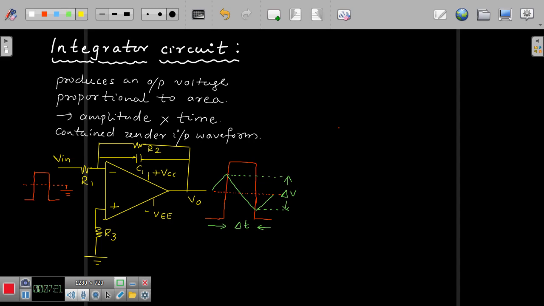This V0 is again taken with respect to ground. So this is the circuit to obtain the integration operation, and this is your V0 and this is your V in.